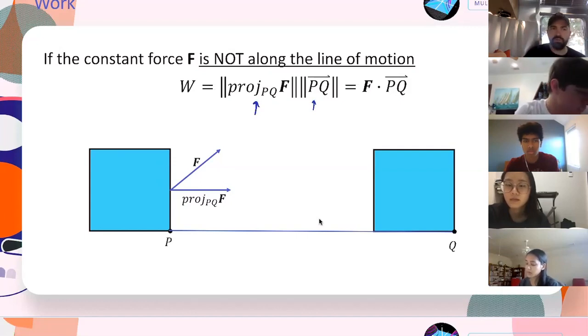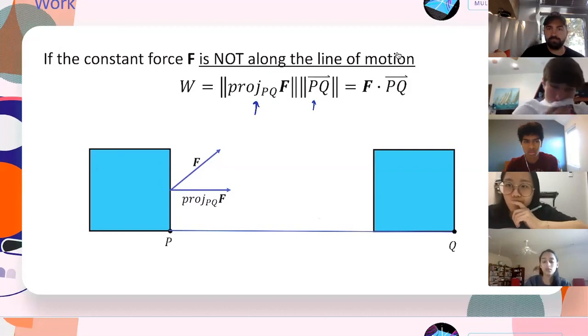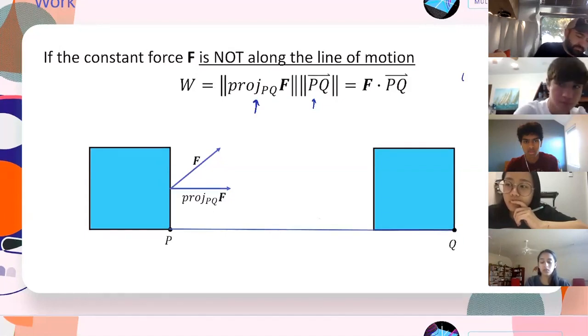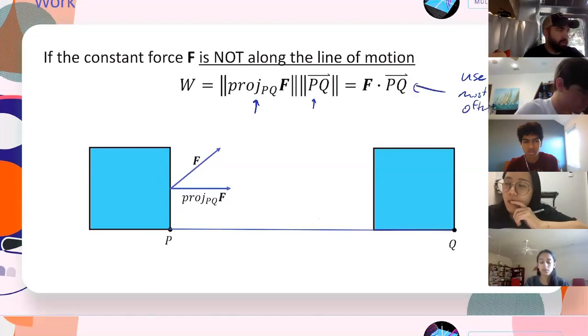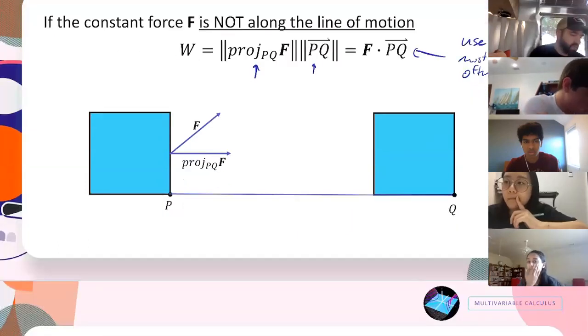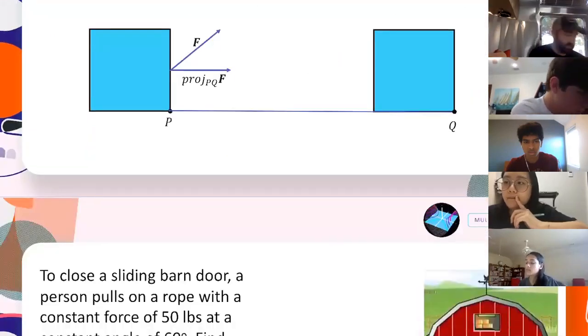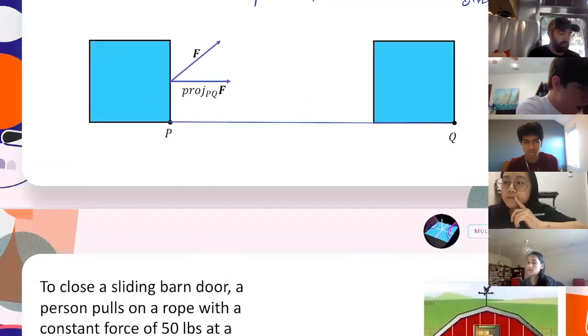And what you'll see is what's left is a dot product. So we can actually find it pretty easily by just taking a dot product. So that's what we would actually use to find work done, just a dot product. So they're actually pretty simple problems. If you use the definition, you should get the same thing, but you're going to do more work.